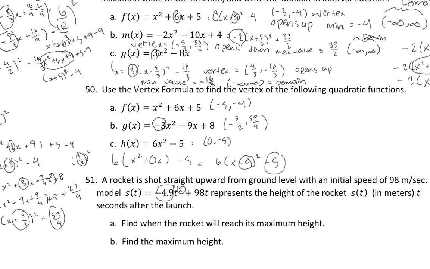And so then we can go about completing the square. We know that this is going to end up being negative 4.9 times t, and then since this is negative, we know that the 10 is going to have to be negative, right? And it's going to be 10 because it's always this term that goes in front of the x. So that's going to be minus 10 squared plus 490.